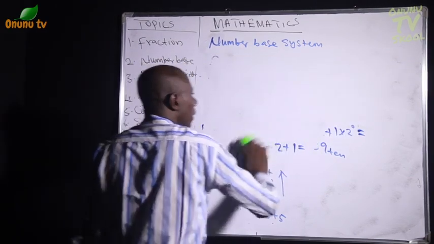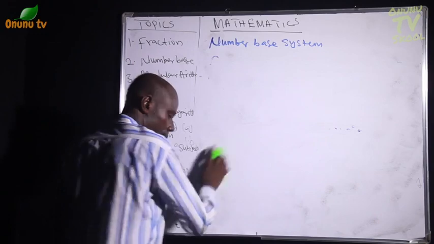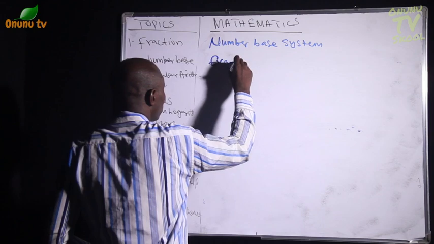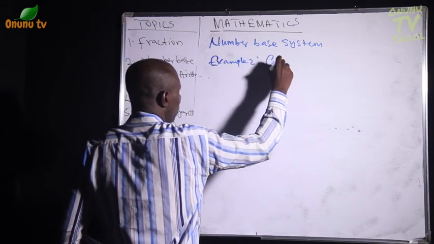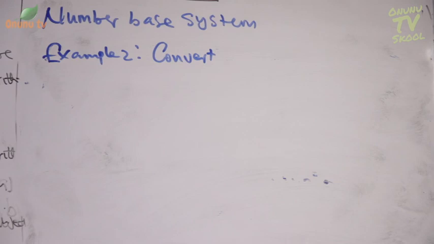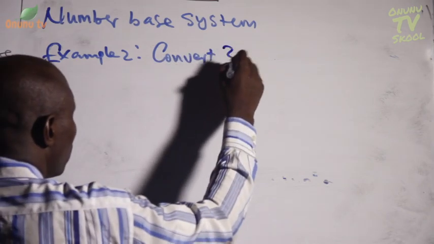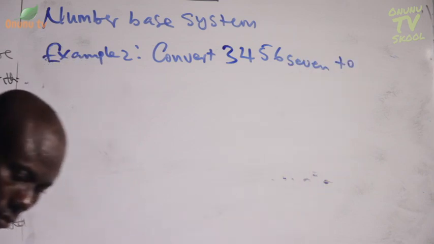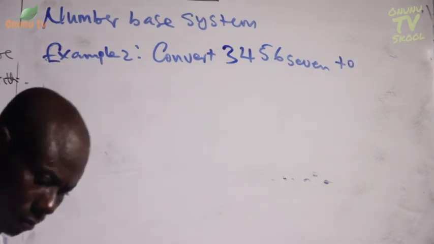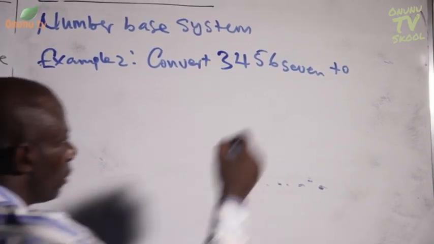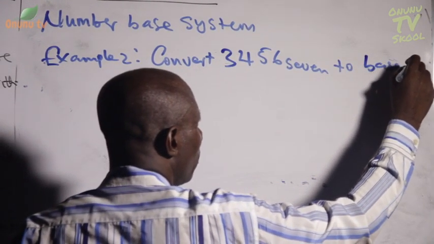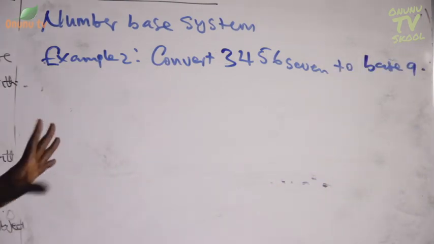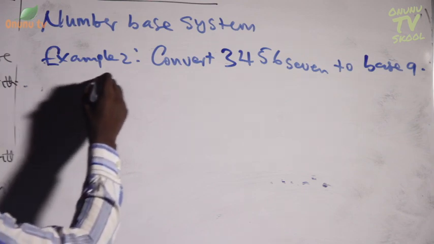Convert 3456 base 7 to base 9. Now, this is in base 7, so we have to first of all convert to base 10 as follows. Solution.